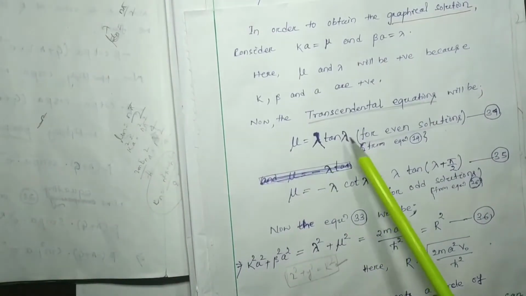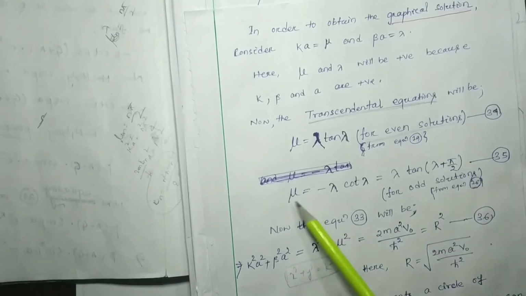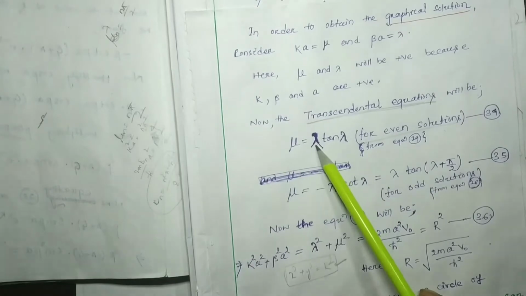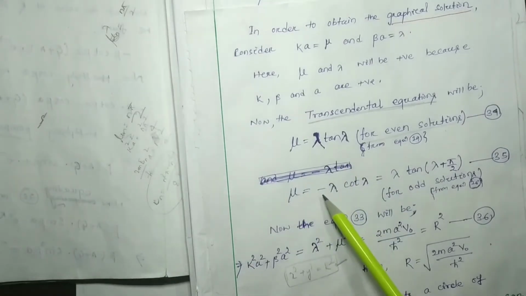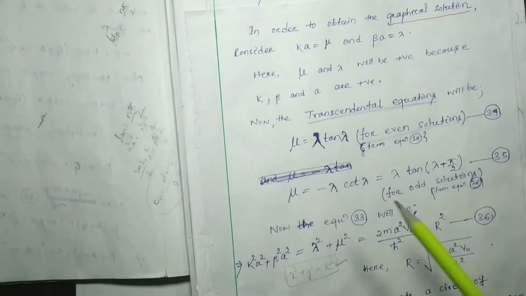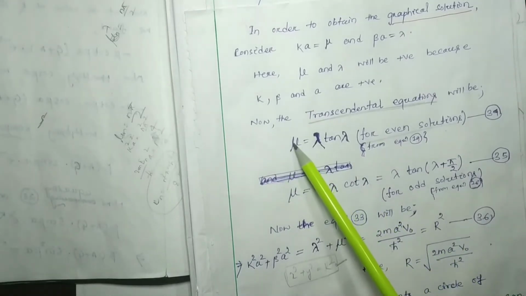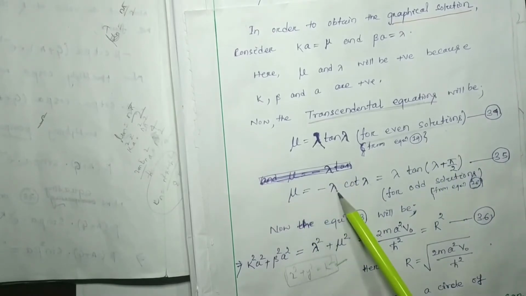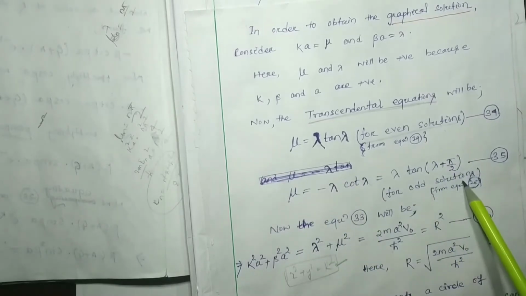because here mu equal to alpha tan alpha for even solution, here mu equal to alpha cot lambda, mu equal to lambda tan lambda, here mu equal to minus lambda cot lambda. So here mu is a function of lambda belonging to even, here also a function of lambda belonging to odd.